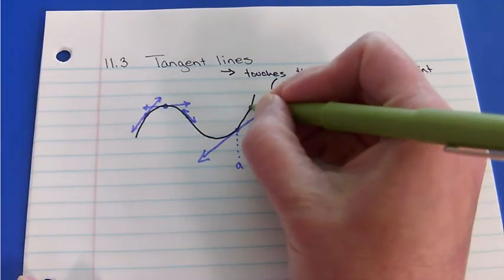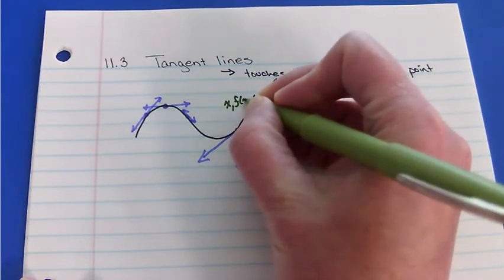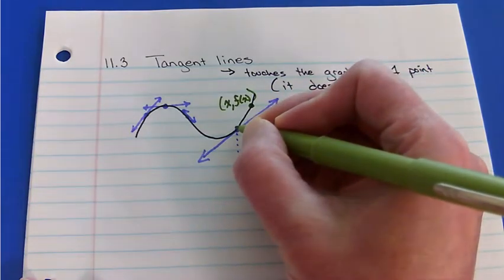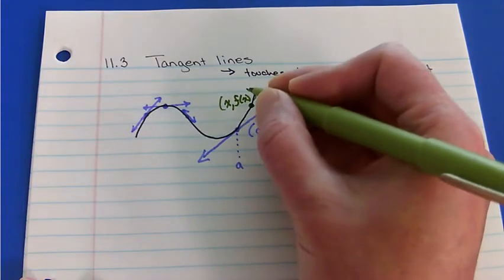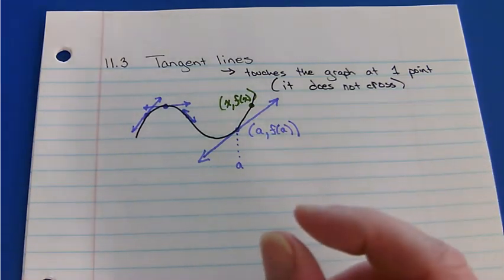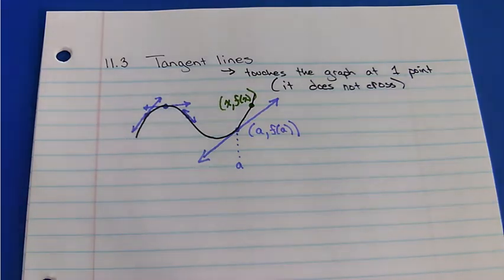A point up here would be x, comma, f of x. And I'm going to slide that point as close as I can. So the way we can get closer and closer is by using what is known as a limit.